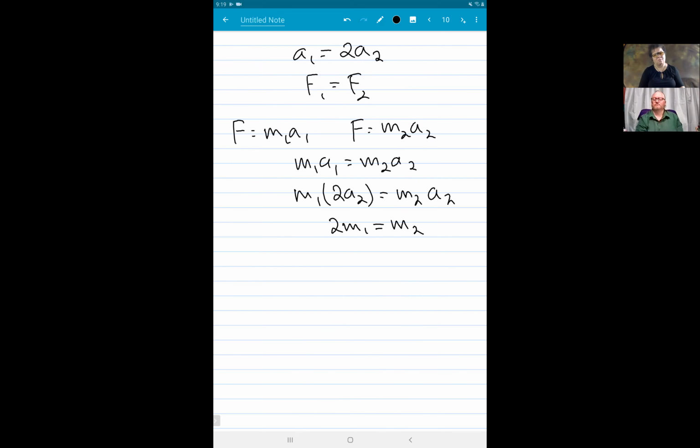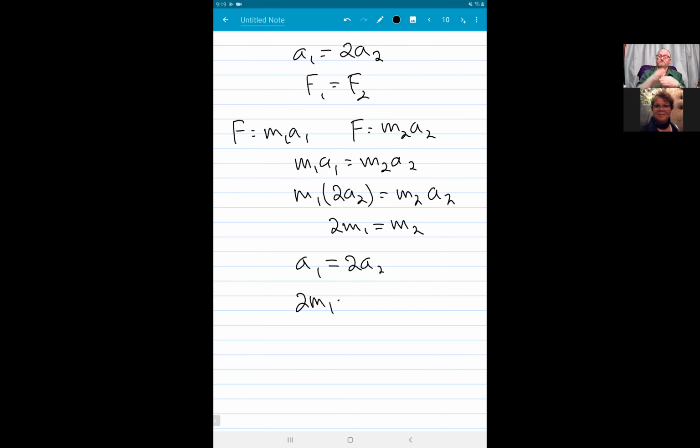So look at that. I started with A1 is equal to 2A2, and I got that 2M1 is equal to M2. What they want is the ratio of the maximum acceleration experienced by the red cart versus the blue cart.